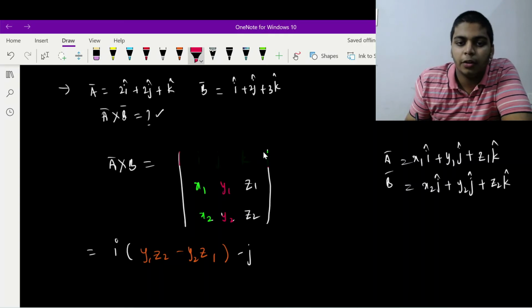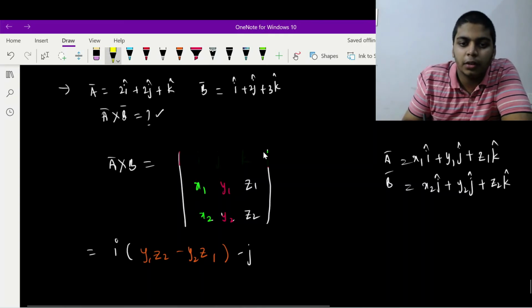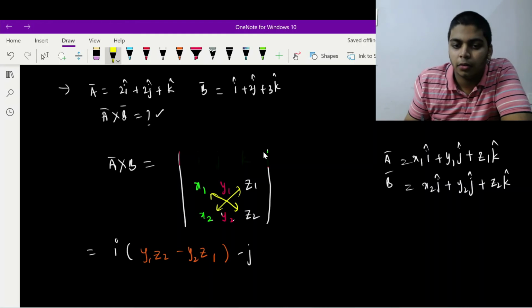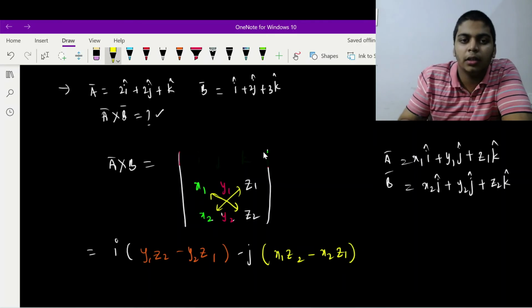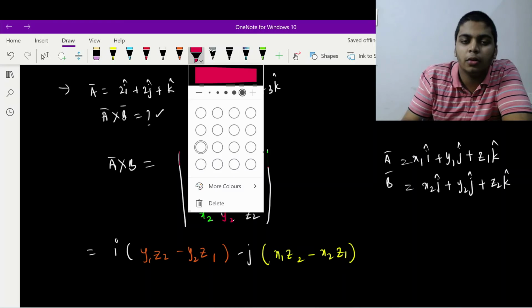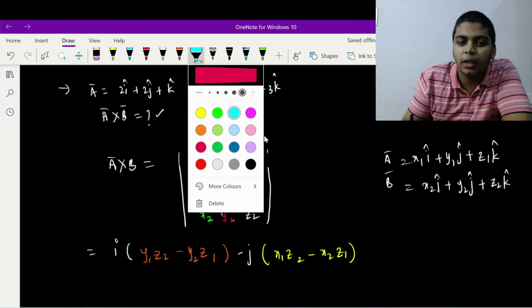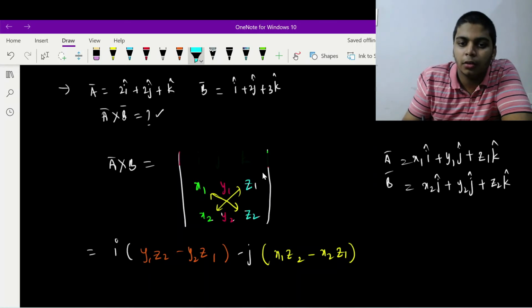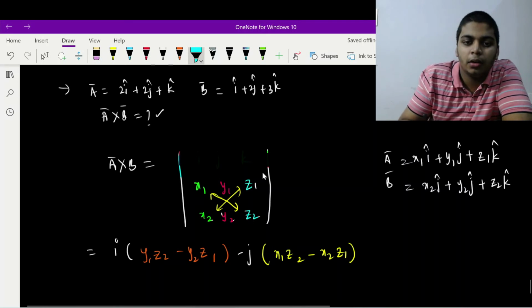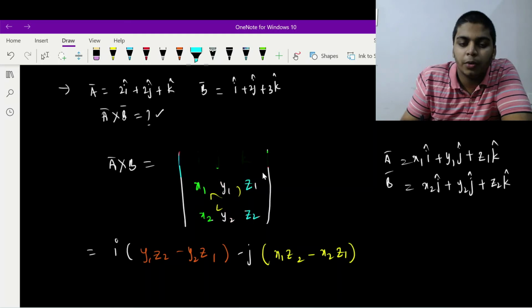When you close it, the left out things are x1 and z1, so that would be x1 z2 minus x2 z1. And in the third case, you close the row and column of k.